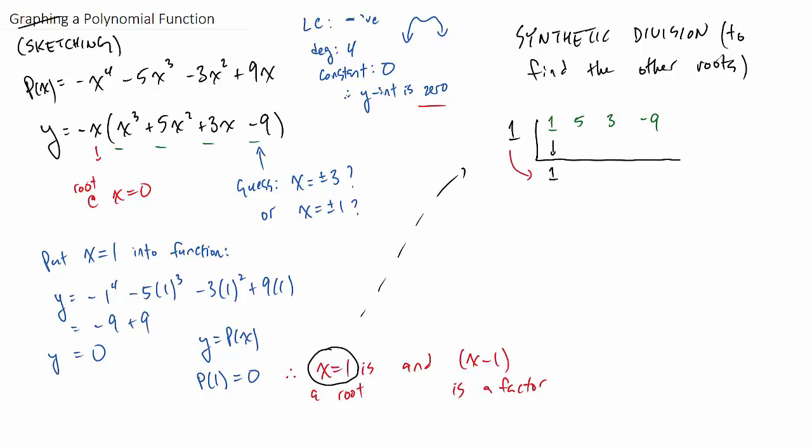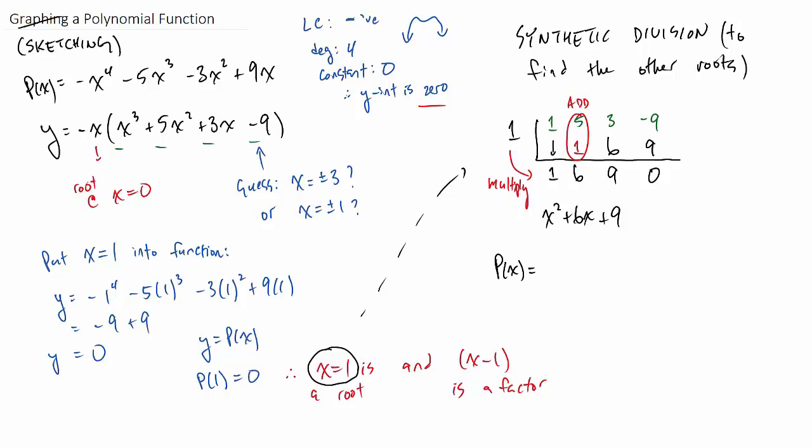You bring the 1 down and then multiply it: 1 times 1 is 1, and then you add those numbers, 5 plus 1 is 6. Then we do it again: 1 times 6 is 6, add to get 9. 1 times 9 is 9, you add to get 0. What it does is you've broken it down into a quadratic.